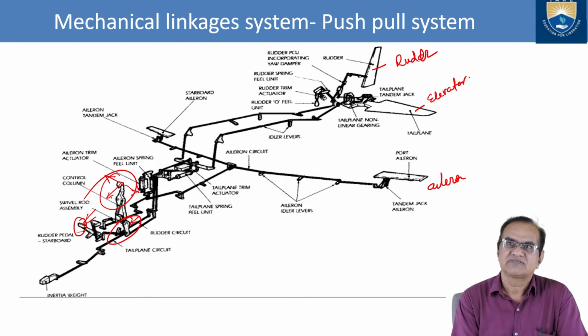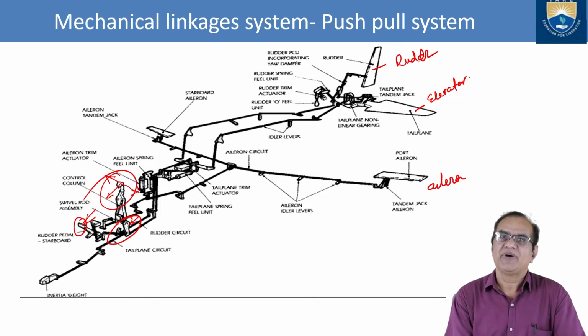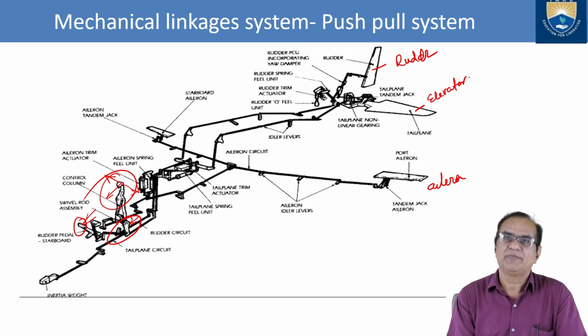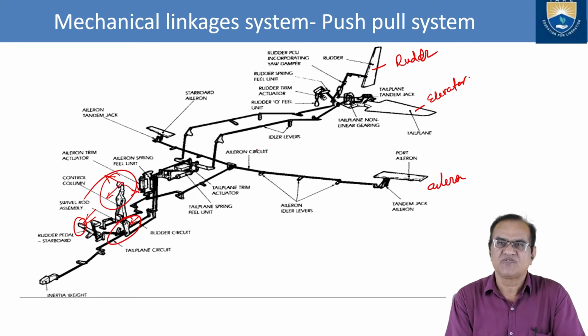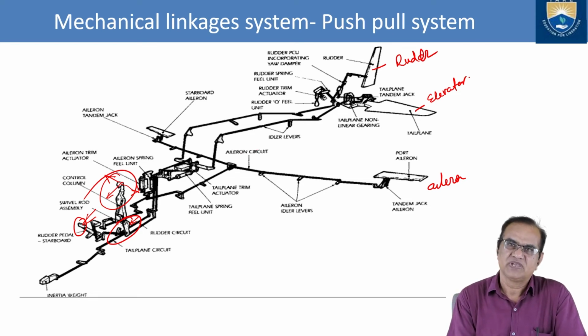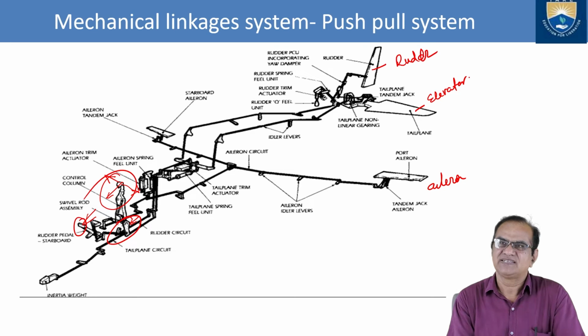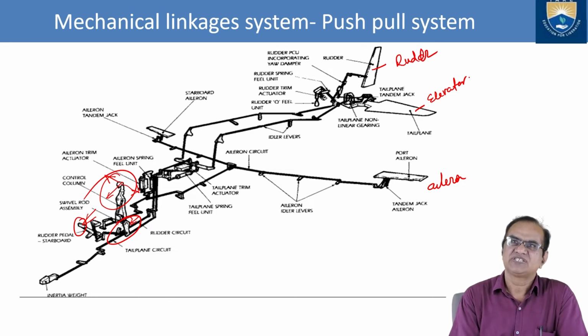Accordingly, these controls are all operated by the push-pull rod, and they are mechanical linkages with the help of push and pull, and some levers, bell crank levers, operate this. This is an old type of system. However, it is still used for some trainer aircraft, very light, low speed aircraft.